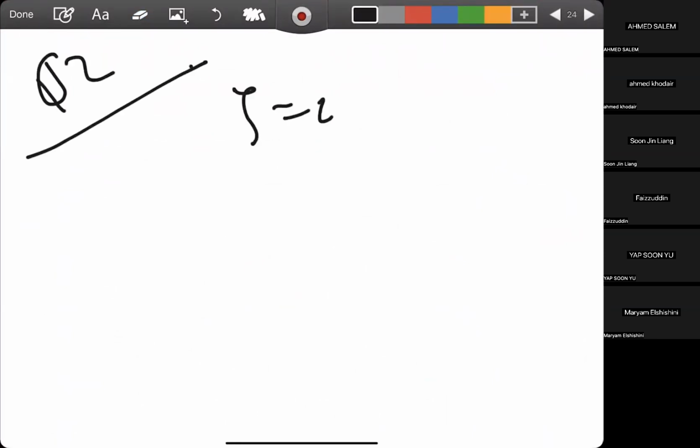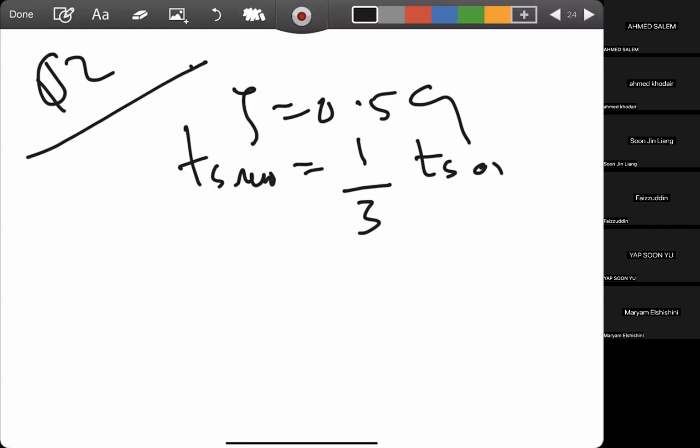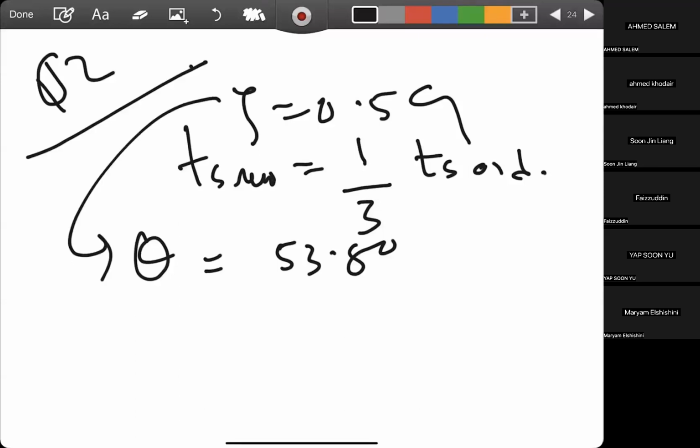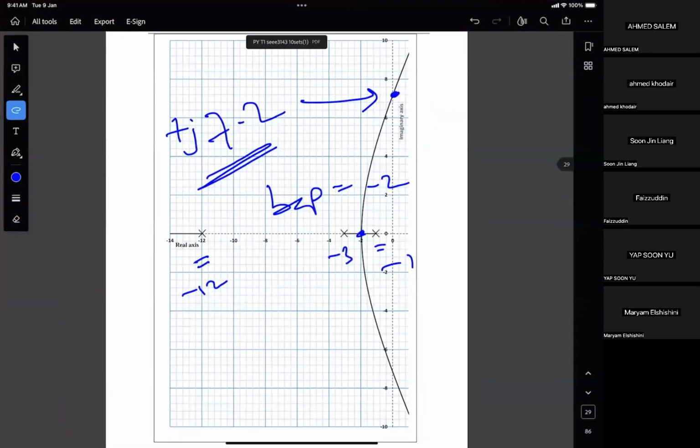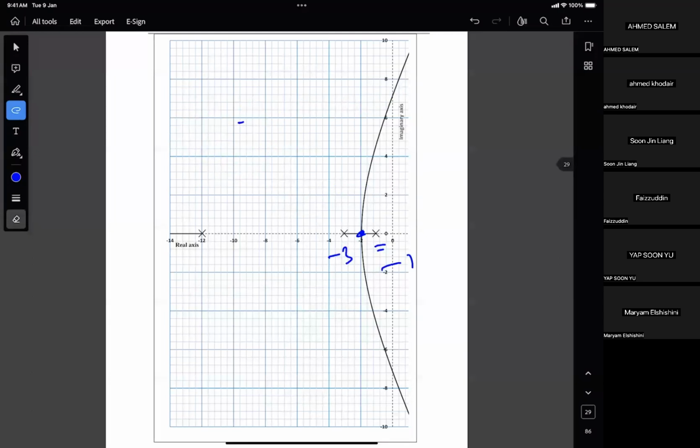So zeta 0.59. The settling time new is 1/3 of the settling time old. So theta will be 53.8 degrees.